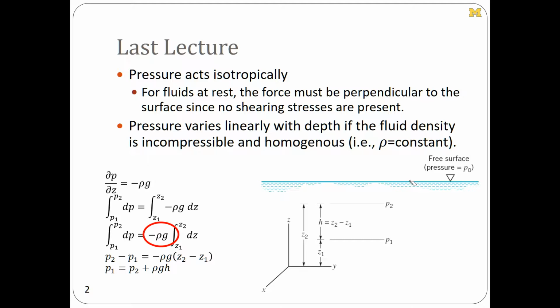If we have a known pressure P2 up here, then integrating the known dp/dz, that being equal to the gravitational specific weight, through this distance z2 to z1 gives us a distance h, and the pressure at 1 is simply equal to pressure at 2 plus rho g h, shown here.